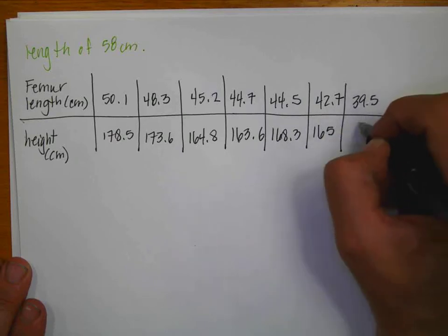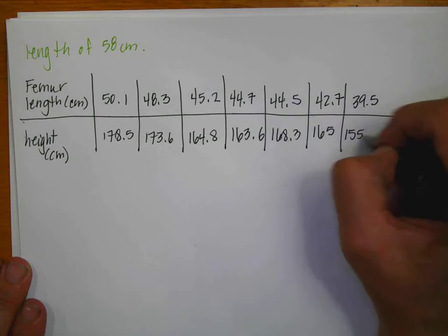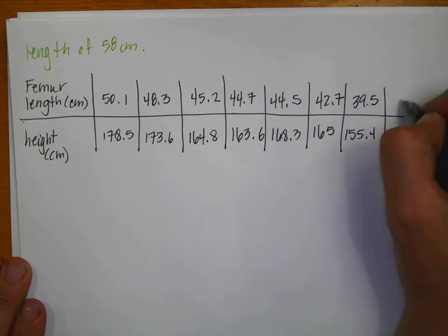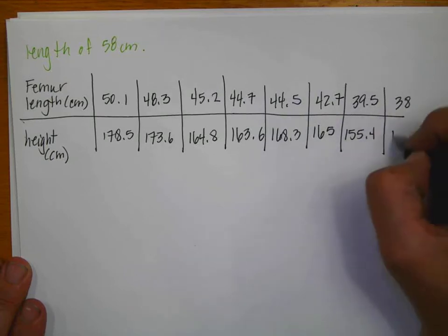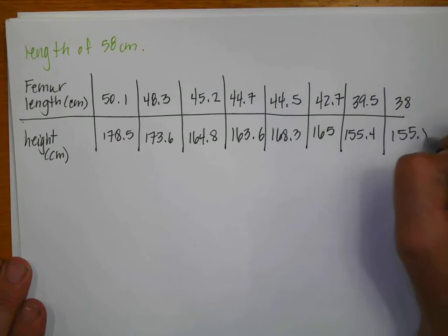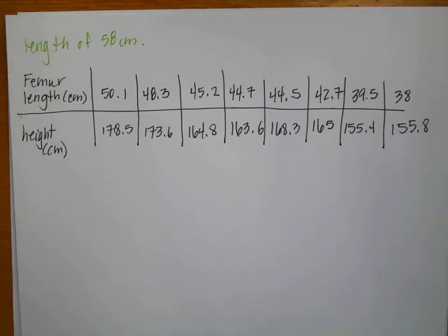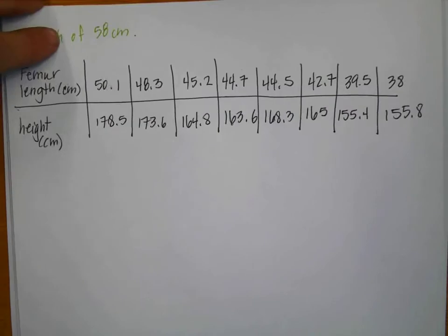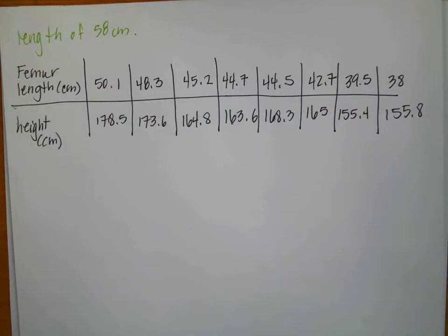Running out of room. Only two more. 39.5 and 155.4. And then I have 38 and 155.8. All right, so this is all of our data that the anthropologists are going to use to try to develop a model.